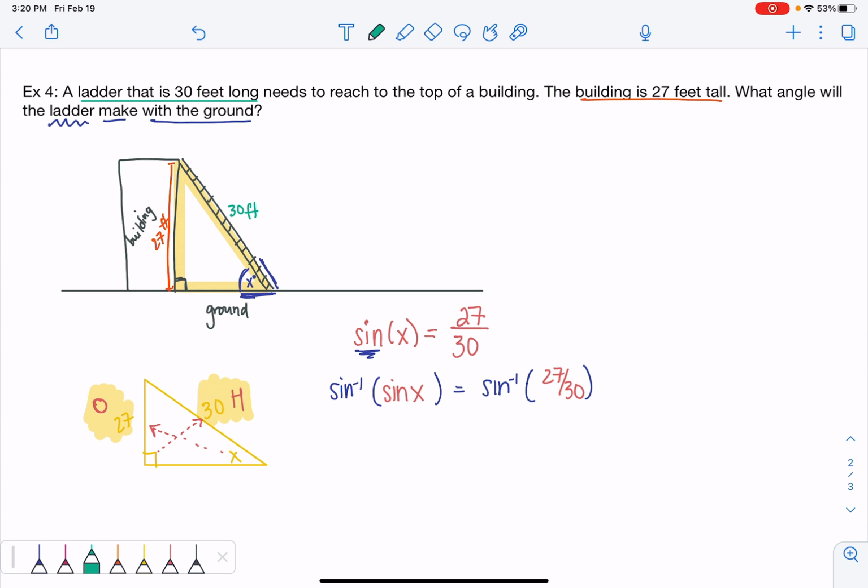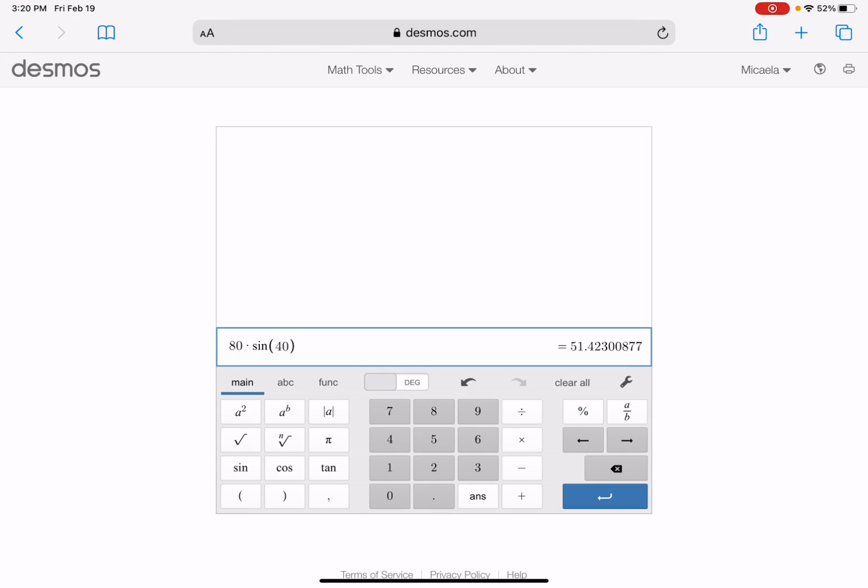We do this because sine and inverse sine cancel. We just have x. And on the right, we have inverse sine of 27 divided by 30. Since our variable is alone, we use our calculator. So go to the Desmos calculator.